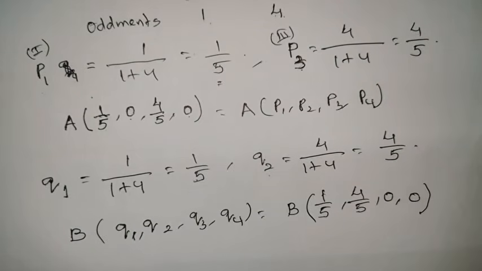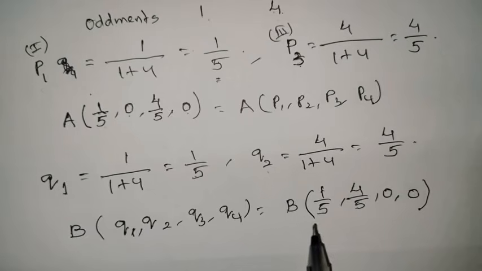In terms of percentages, the probability of selecting the first strategy by player B is 20%, second strategy 4 by 5 means 80%, and here it is 0%, 0%. So the sum of probabilities will be 20% and 80%, so we got 100%, right?